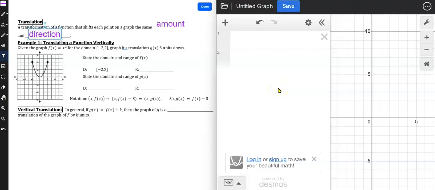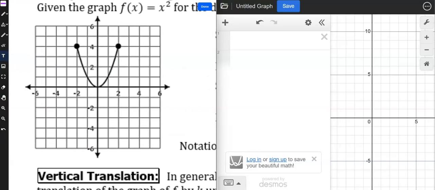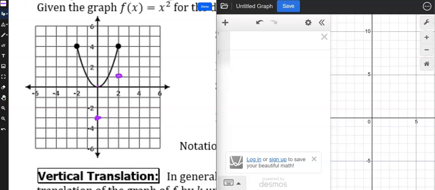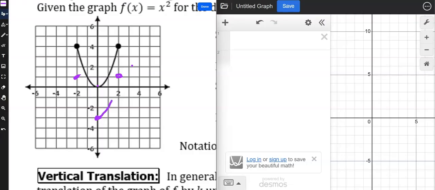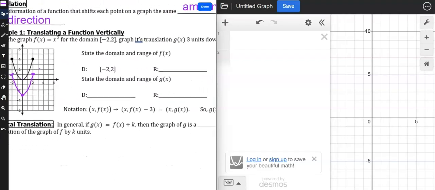So technically, you're just going to take these points and drop them below. So this dot right here, oops, that's too far, that's 4 units. We want to go down 3 units. Every one of these points is going to drop down only 3 units. And so we can estimate the best looking shape of the graph that's been dropped down 3 units.